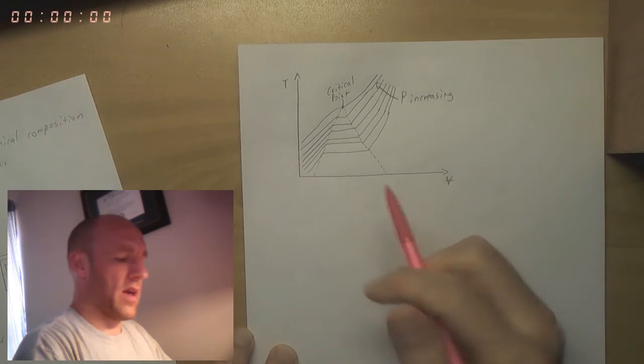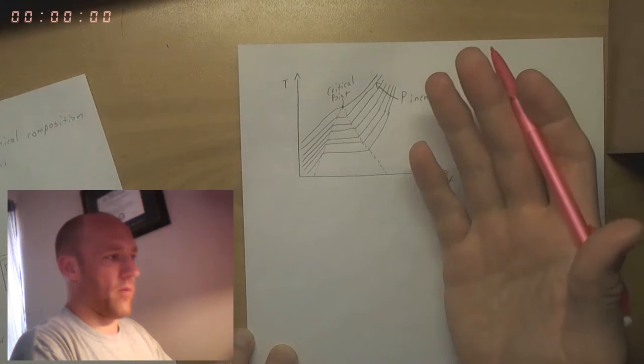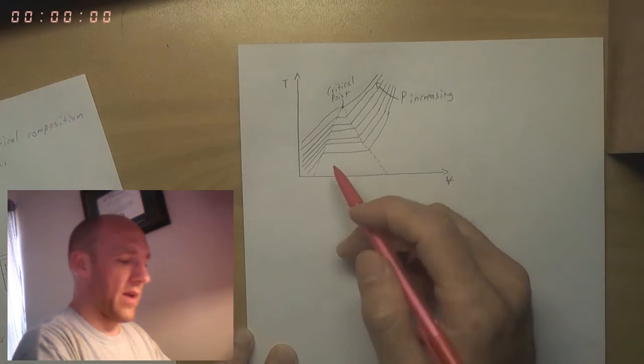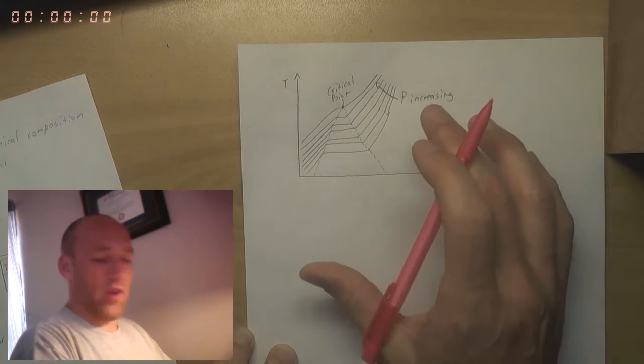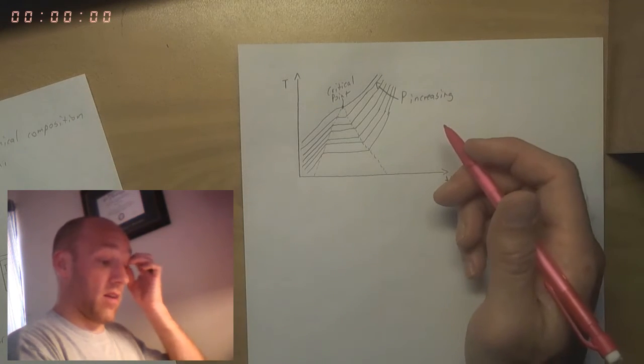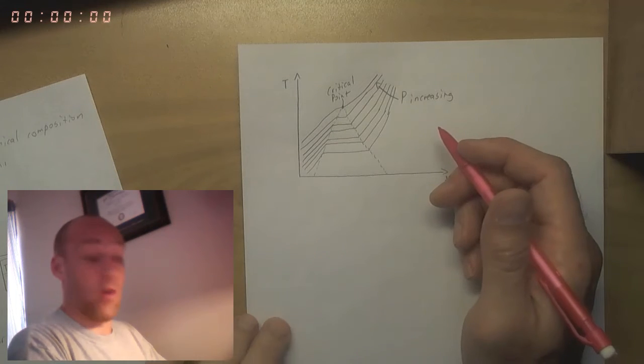You know what I mean? You don't have a device that'll just measure energy content. So we need to be able to access that energy content with properties that we can measure.